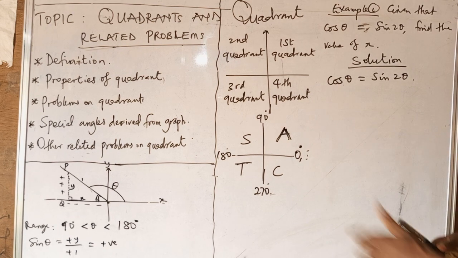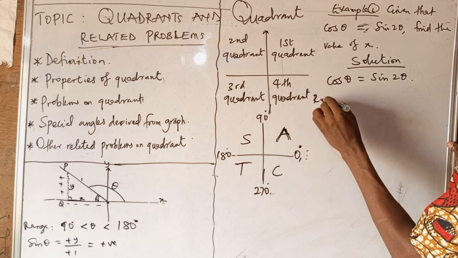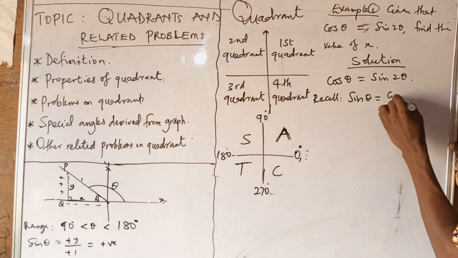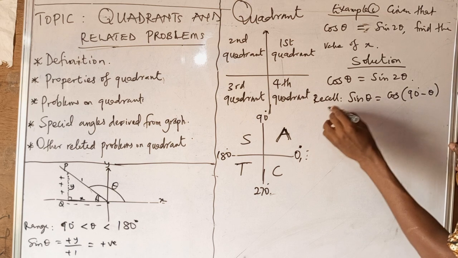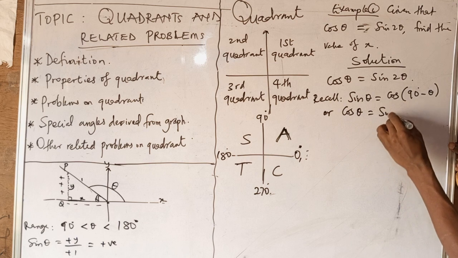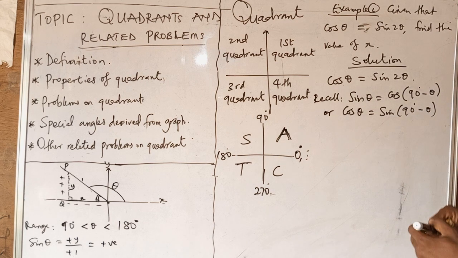Use our first quadrant formula, which is our complementary angle. Recall that sine theta is equal to cos 90 degrees minus theta, or cos theta is equal to sine 90 degrees minus theta.